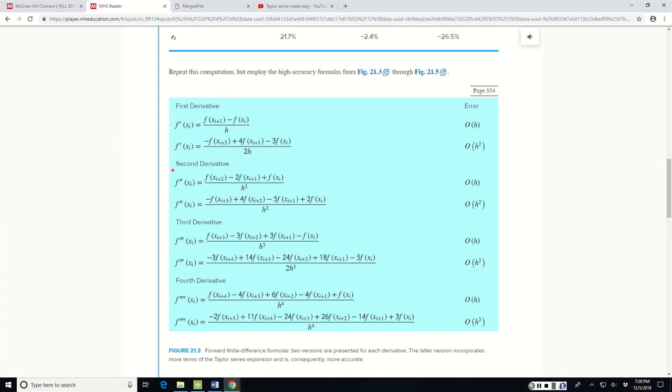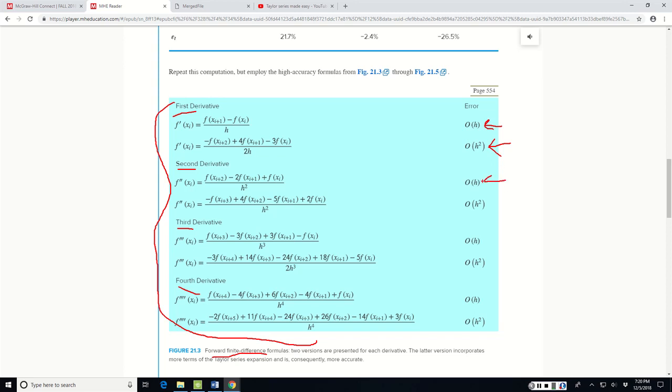They plug that into the Taylor series to get the more accurate first order derivative equation. So the table just gives you all of these equations. These are all forward finite difference formulas for the first derivative, second derivative, third derivative, fourth derivative, and for each case you have a low order where you truncate everything except for the first two terms, and here you truncate everything except for the first three terms.